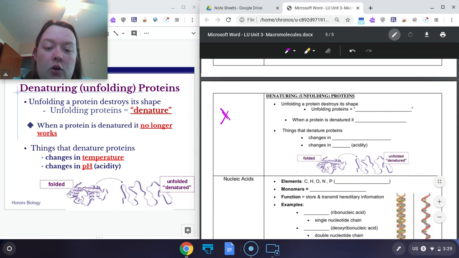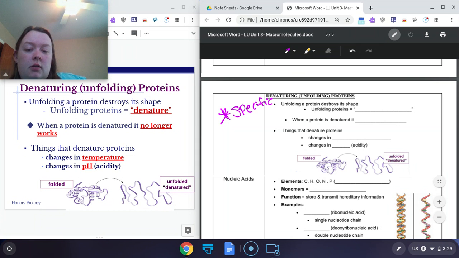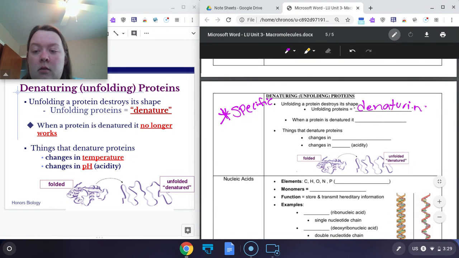They have a specific shape to do their specific job. Anytime a protein is unfolded or destroyed, it is called denaturing. The denaturing of a protein means it can no longer do its job.